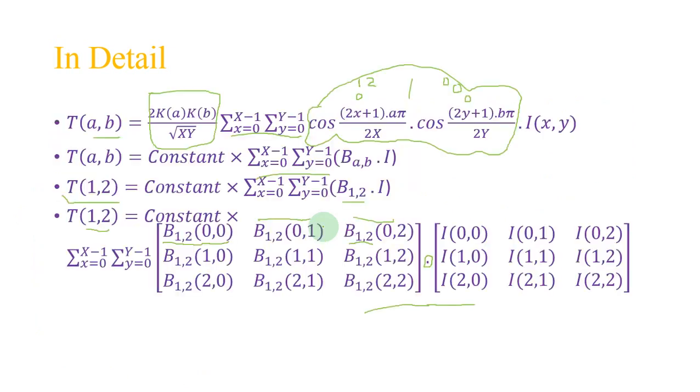So we calculated in the previous slide the basis matrix for 1 comma 2. Similarly, we can calculate the basis matrix for 0 comma 0. It will be a 3 cross 3 matrix. Similarly, we can calculate the basis matrix for 0 comma 1, the basis matrix for 0 comma 2. These all will be 3 cross 3 matrices. So we will obtain 9 3 cross 3 matrices.